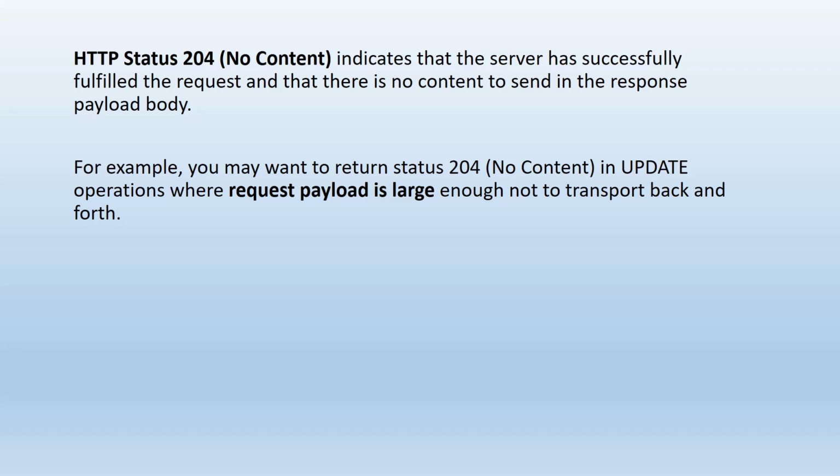That means your large request payload has been received by the server, and the server has completed the operation, but it doesn't want to return that large payload back to the client. In that case the server will only return this 204 status code. So these are the HTTP PUT and DELETE methods which we use for update and delete.